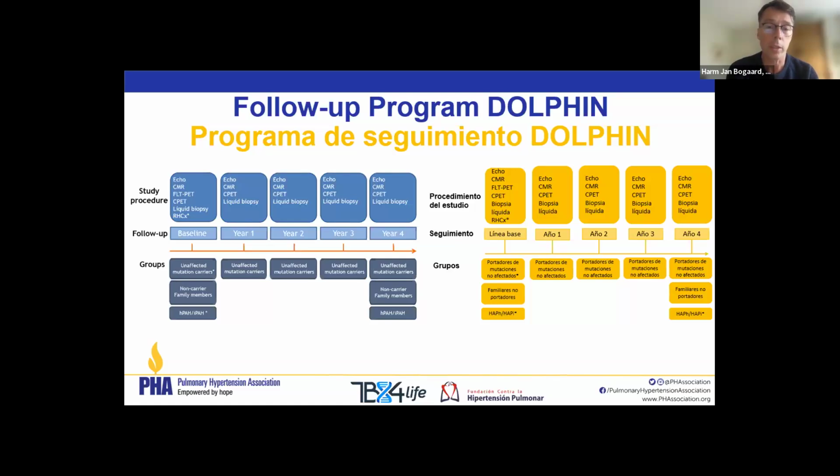And as such, the cohort of mutant gene carriers can serve as a model for discovery of new biomarkers of early pulmonary arterial hypertension.